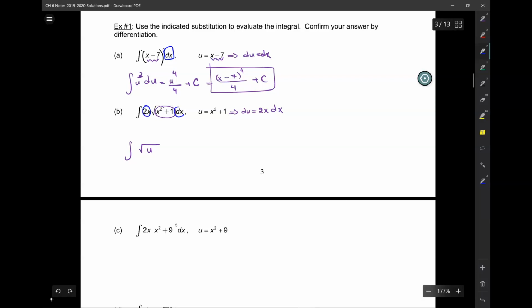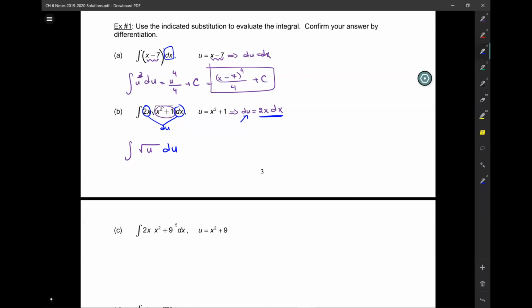But, oh my God, what is 2x dx? Look at this. Wow. It's du. Hang on. 2x dx is du, right? So for the whole thing, I just substitute du.